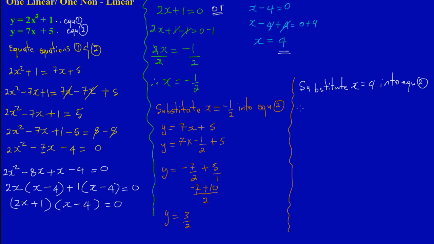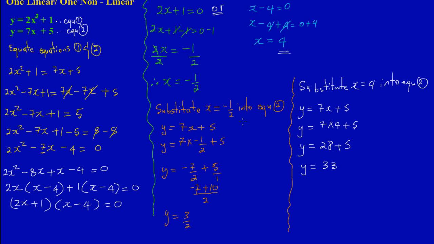Now equation 2 states also that y is equal to 7x plus 5. So y, I'm just going to remove x. 7 times 4 plus 5. So y would be equal to 7 fours. I would have a 28 plus 5. So y would be equal to 33.